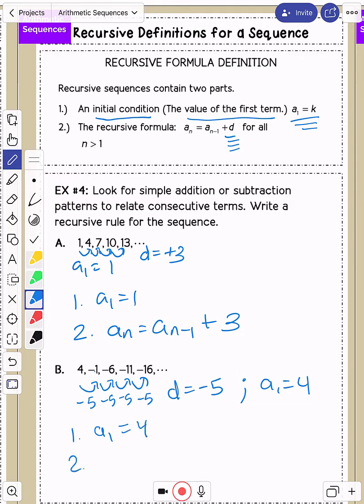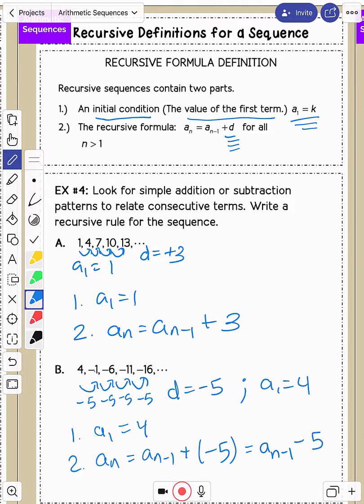And number 2, a sub n is equal to the term before, a sub n minus 1, plus d. And in our case, d is negative, minus 5. So the cleanest way to write that is a sub n minus 1 minus 5.